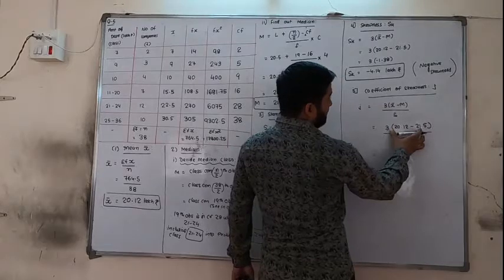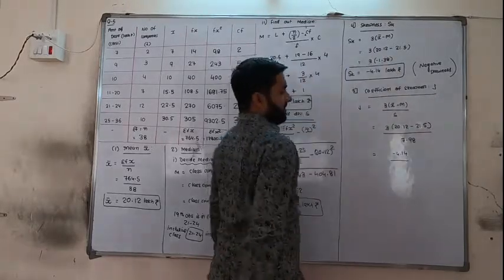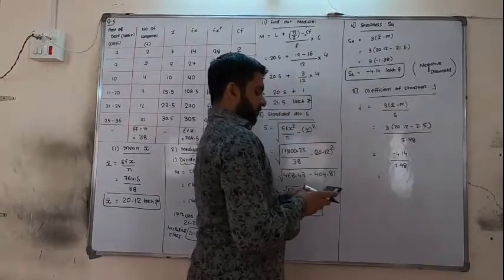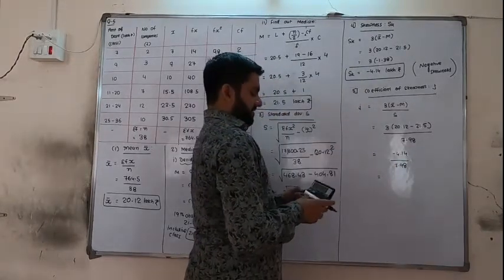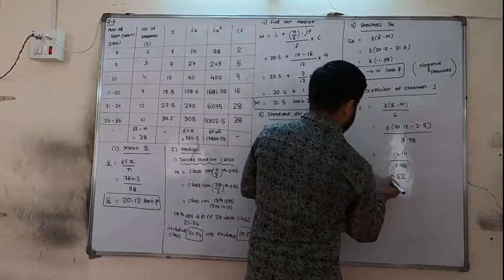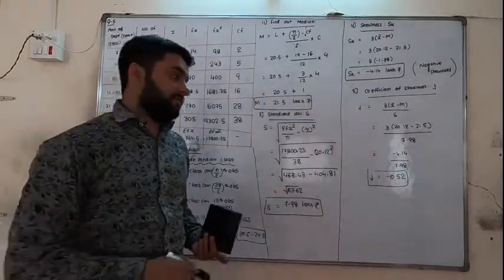This is minus 4.14, as we have solved, divided by 7.98. So minus 4.14 divided by 7.98, the answer is minus 0.52. From here also you can decide it is negative skewness.